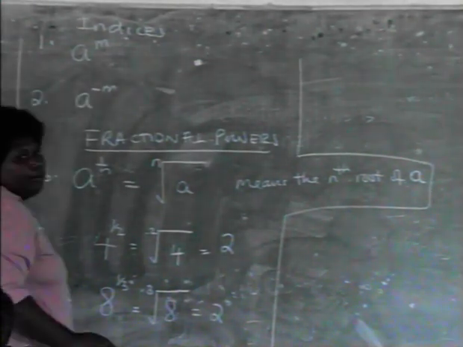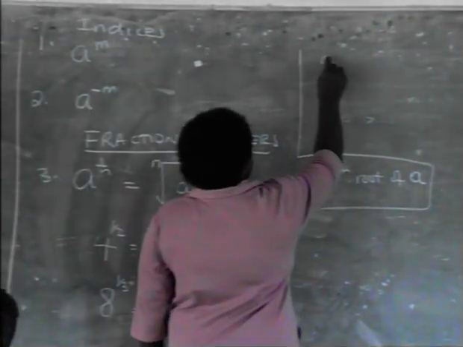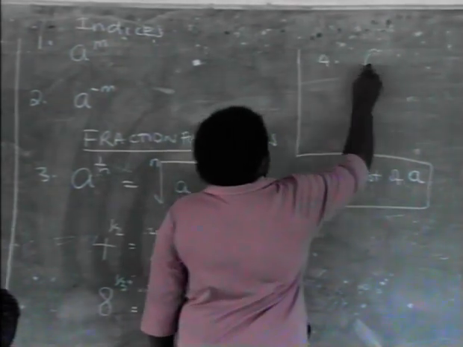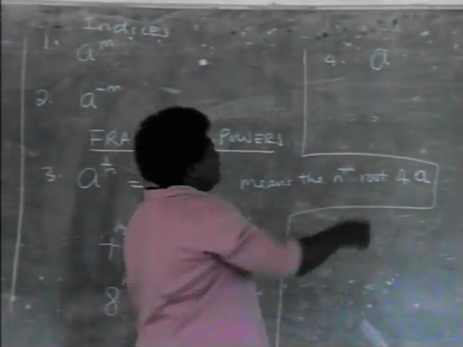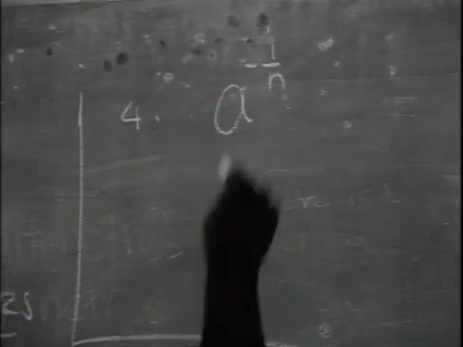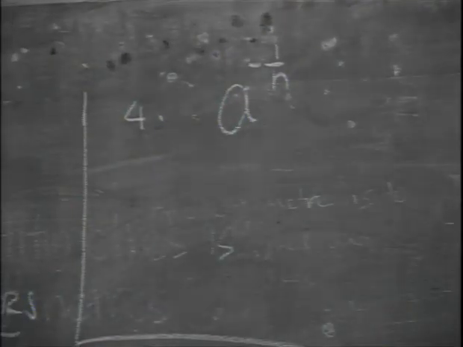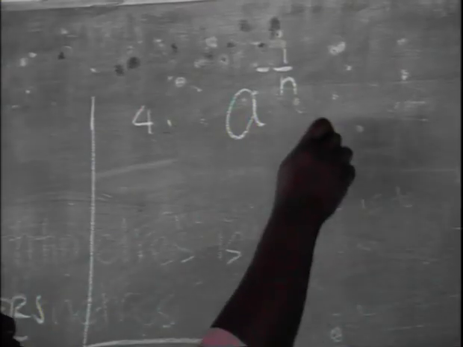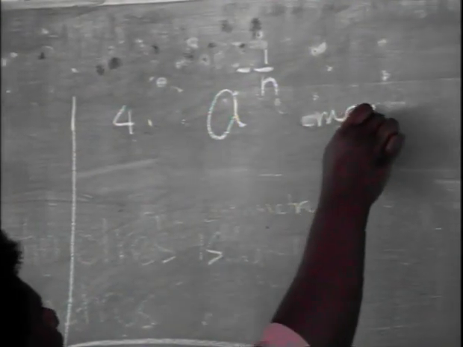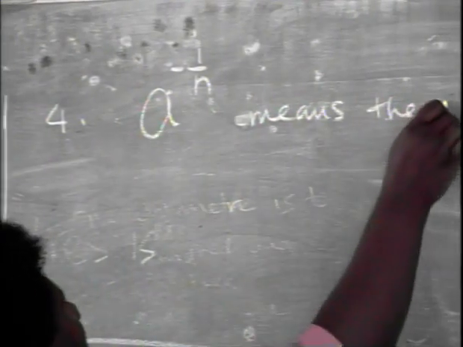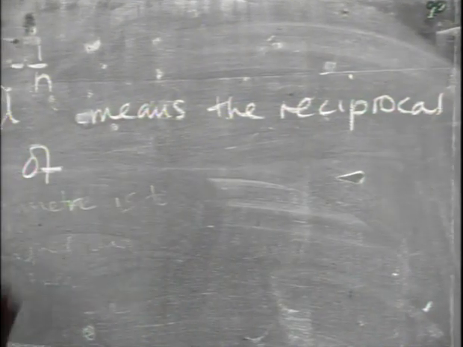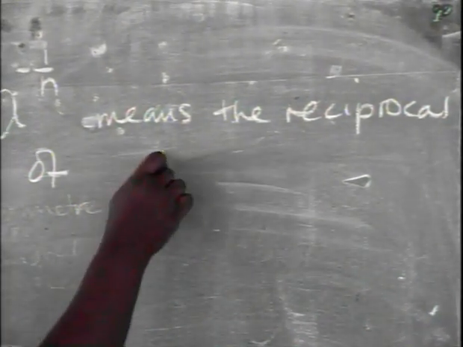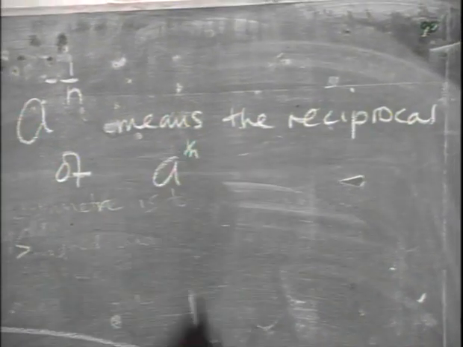Okay, rule number 4. If I raise A to a negative power, negative 1 over n, this means the reciprocal of A to the power of 1 over n.